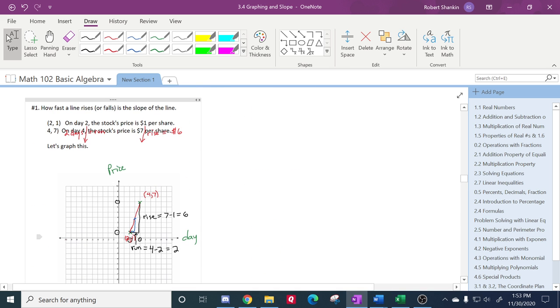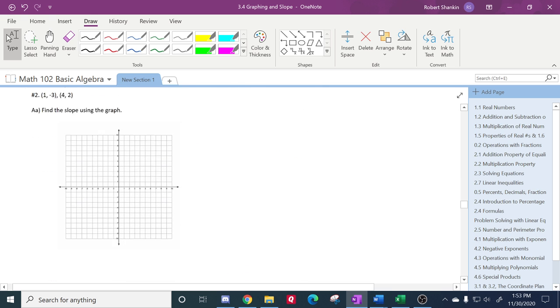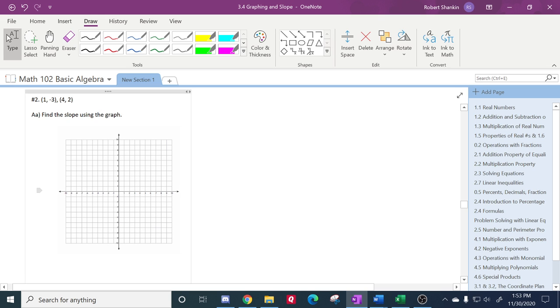Go horizontally so you're directly underneath the other one, and that's going to be the run. And then go vertically, and that's going to be the rise. So I want you to draw this out. I'll give you a quick minute to draw and then to label on your graph the run and then the rise, and then get the slope as the rise over the run and reduce it if you can.